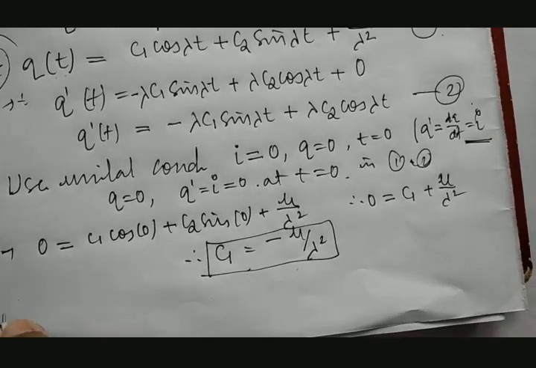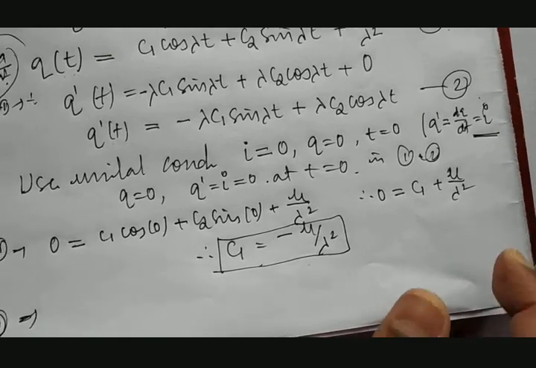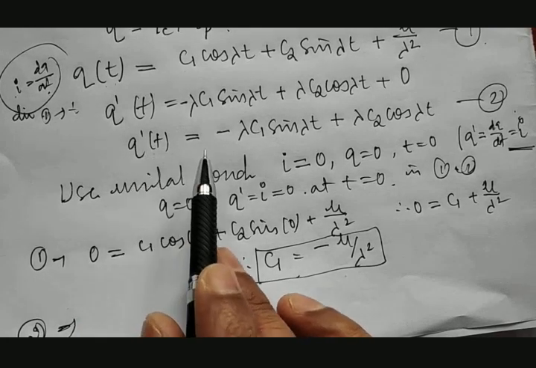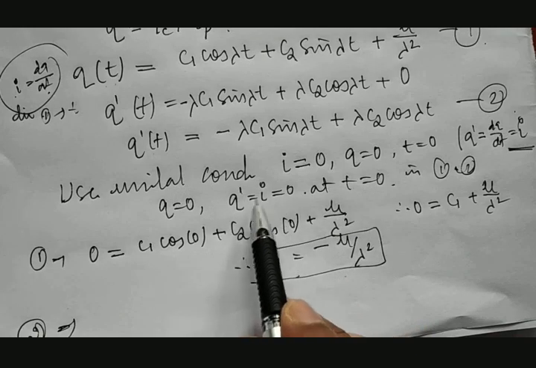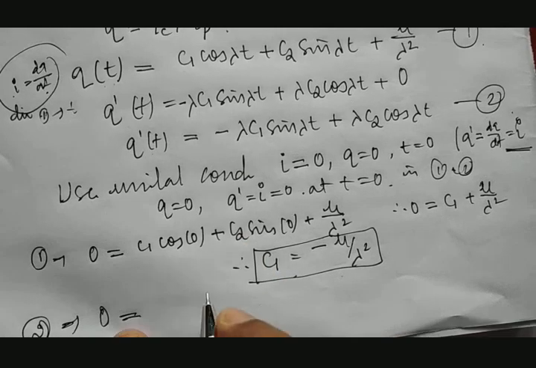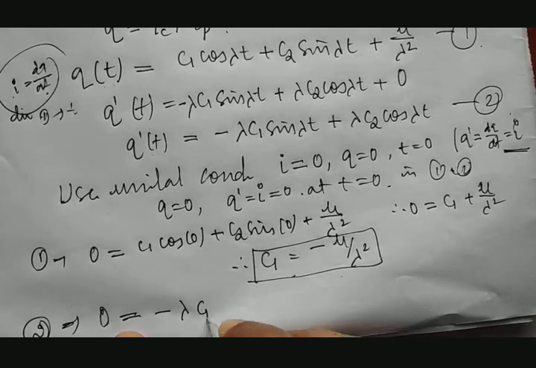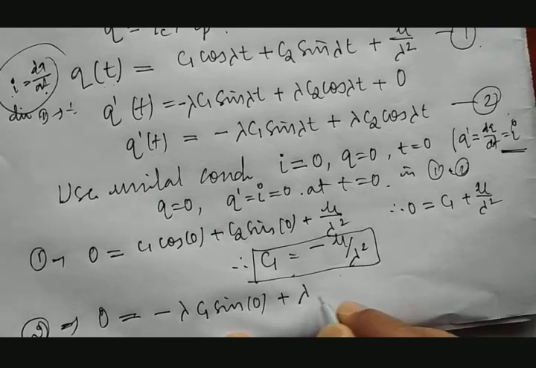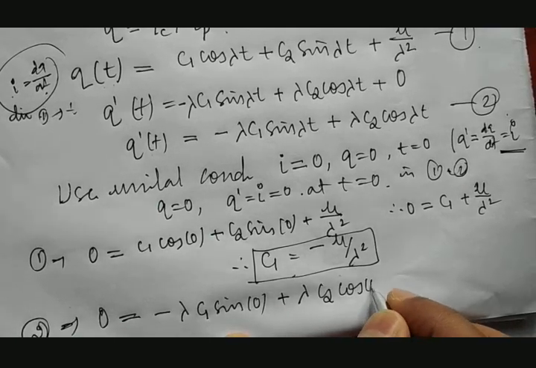Similarly, what is equation number 2 now? Equation number 2 says q dash of t, q dash is equal to I, that is equal to 0. So 0 is equal to minus lambda C1 into sin 0 plus lambda into C2 into cos 0.